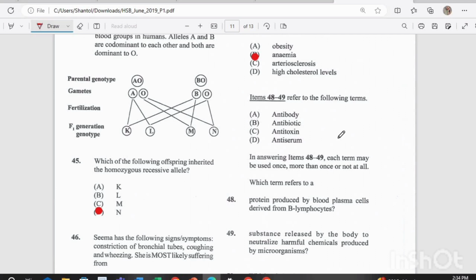The answer there would be an antibody, A. And 49, substance released by the body to neutralize harmful chemicals produced by organisms. The answer there is also antibody. So both of them are A, for antibody.